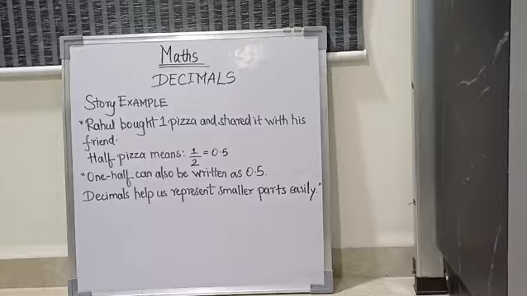Half pizza means 1 divided by 2. One whole pizza is divided into 2, so it's 1 by 2 each. That 1 by 2 can be written as 0.5. Now decimals help us represent smaller parts easily.